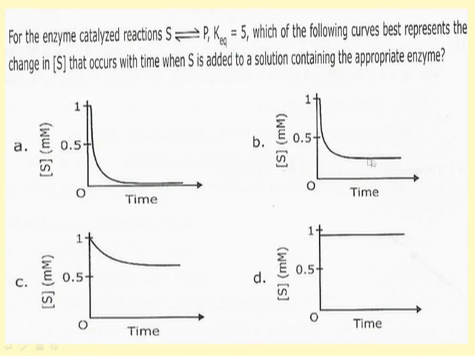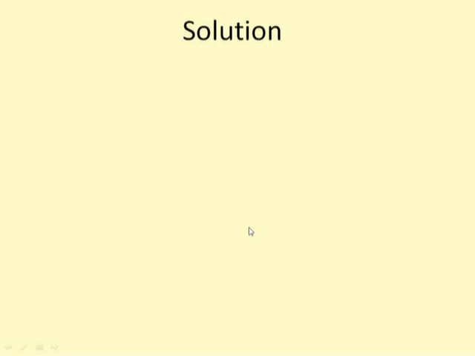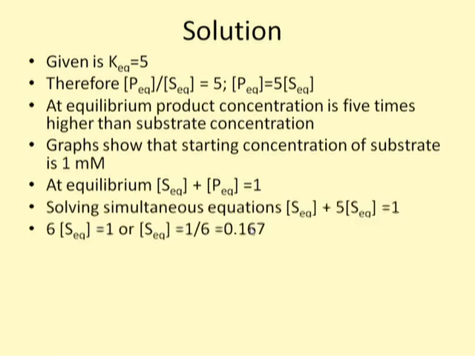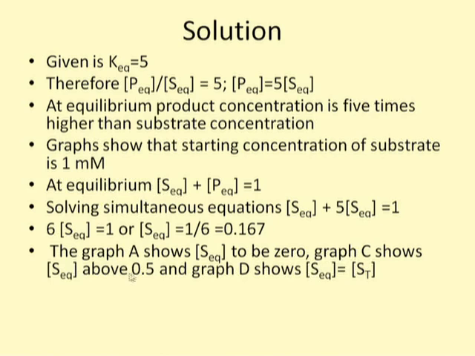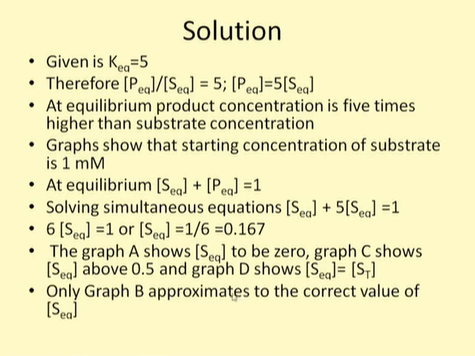And in this graph B, the substrate concentration is close to what we expect from our solution, between 0.5 and 0, that is 0.167. So graph A shows S equilibrium to be 0, graph C shows S equilibrium above 0.5, and graph D shows S equilibrium is not changed, and it is the same as S at time zero. Only graph B approximates the correct value of S equilibrium, and therefore we can say that the correct answer is graph B.